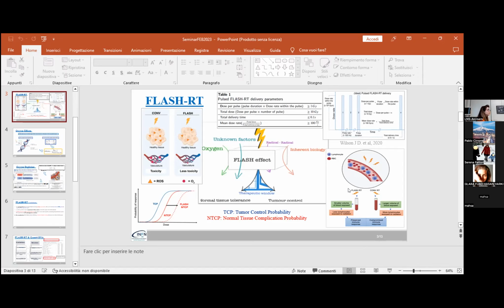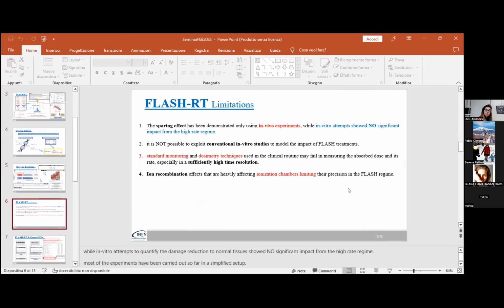It's more a curiosity than a question itself, but you said that there is this kind of debate on what the main effect is. But in your slides, I think slide 6, you say you can only do in vivo experiments because we lack the detectors, the technology to study dose and dose rate with a sufficiently high time resolution.